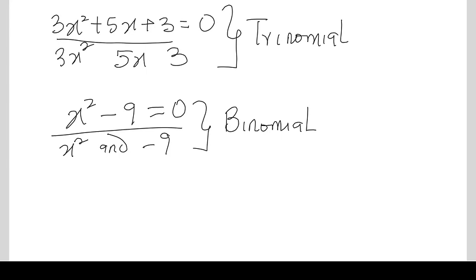So these are the differences between trinomial and binomial. It is really expedient, it's really important that we learn what trinomial is and what binomial is before we progress into our quadratic expression and equation respectively.